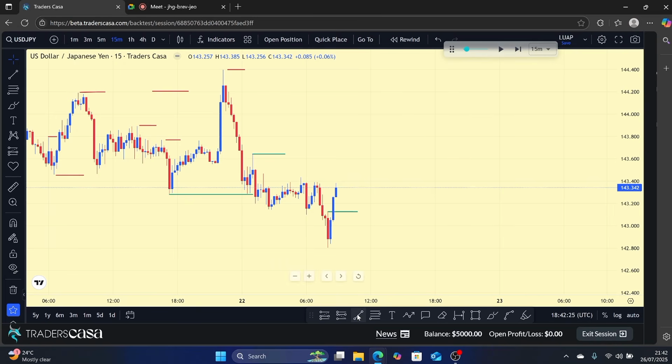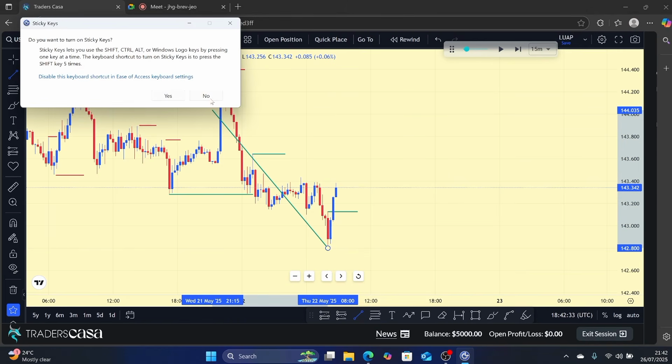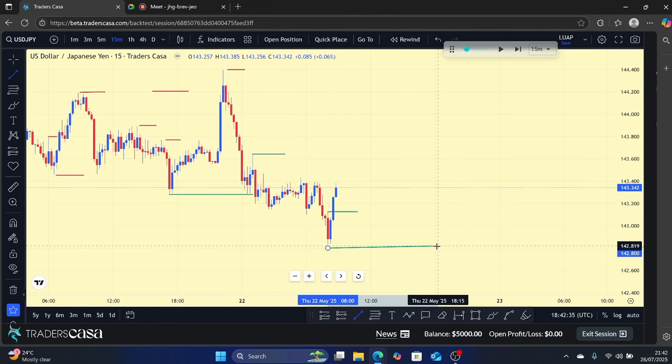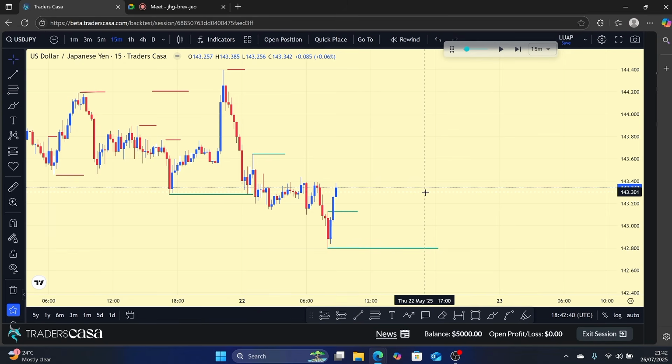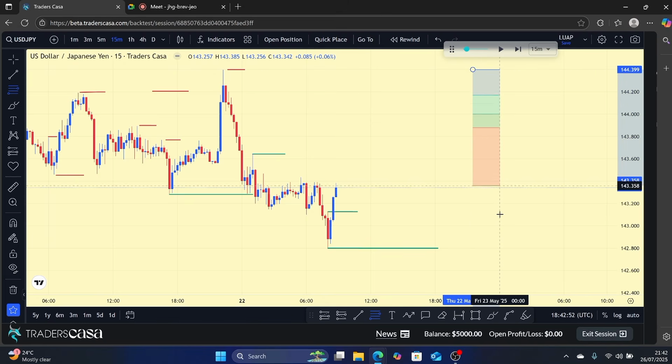First, let me mark my trading range low, because the inducement is taken out. So we start from this high all the way to this low. That's our trading range.